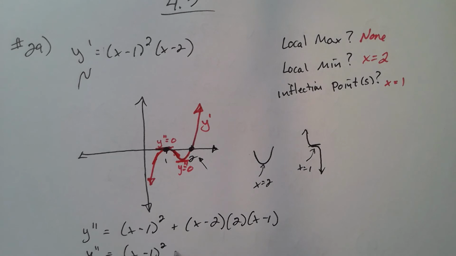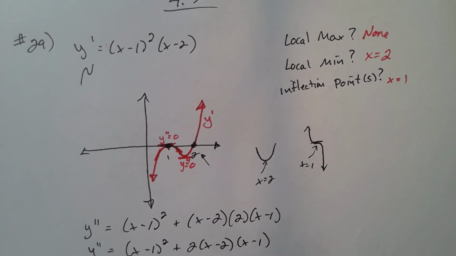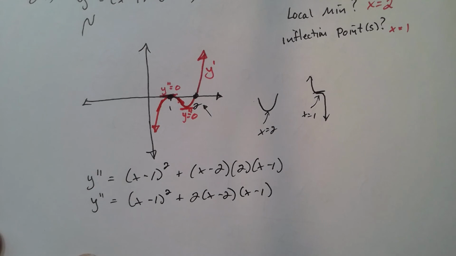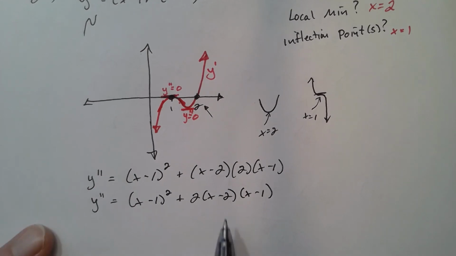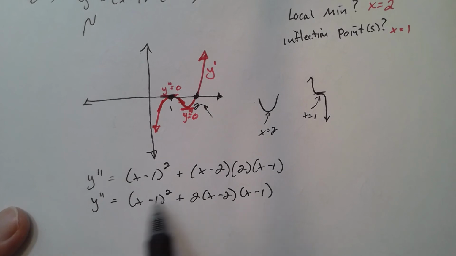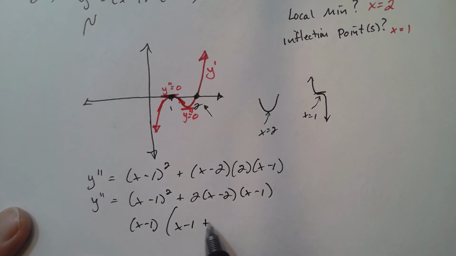So y double prime equals (x - 1) squared plus 2(x - 2)(x - 1). Now I see that I have an (x - 1) factor in each of them. Rather than distributing them all out, I'm going to factor out an (x - 1) from each term, and I'd be left with (x - 1) plus 2(x - 2). Just a little bit easier using that algebraic technique.